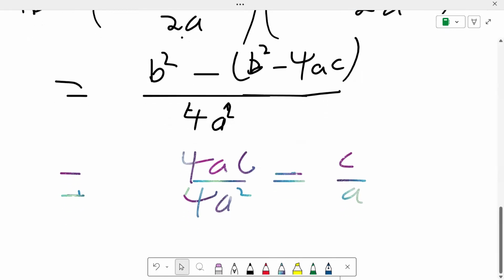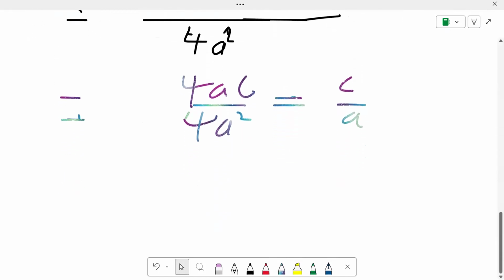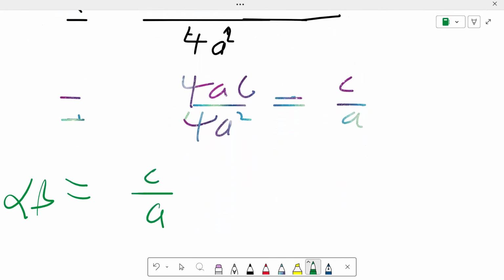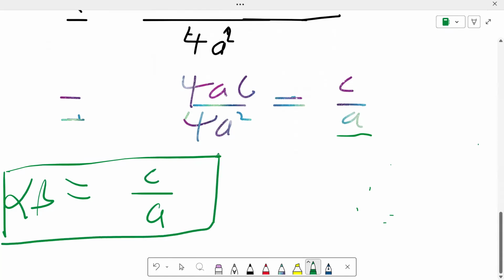Now, with this established, we come to the conclusion that alpha beta, that's the product of roots, will be c on a. Right, so alpha beta will be c on a.